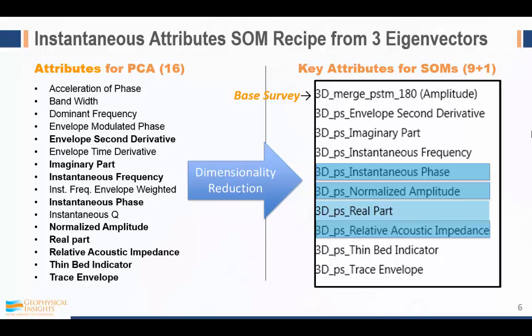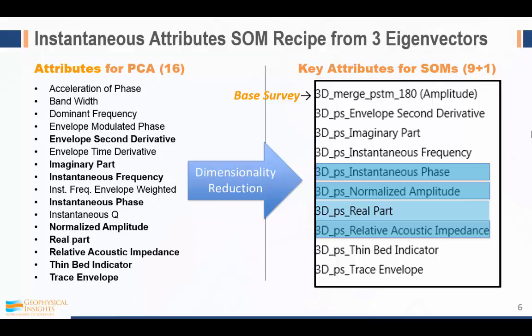And imaginary part and real part together give you envelope, which is the total energy, kind of like amplitude, but it's the total energy. And all these are instantaneous, which means you got a value at every sample, and they are normalized by standard deviation, these attributes, so that you get the results that we get.